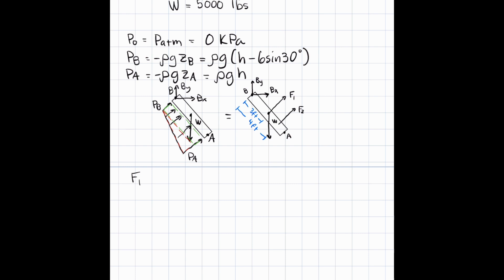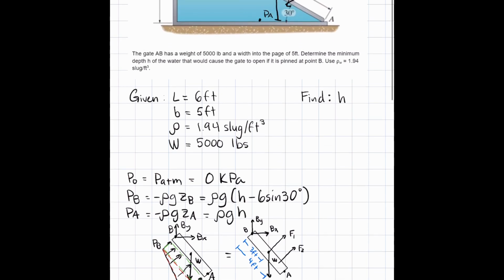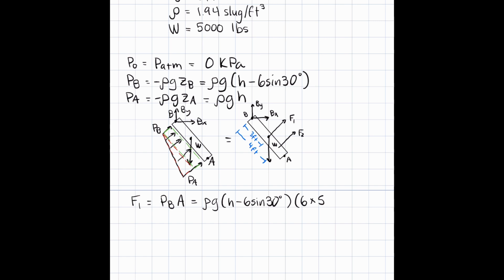So if the pressure across this entire distributed load is held constant at PB, which you can see because this is just the rectangular section, that means the force is just equal to PB times the area of the gate, which will end up being, as we already solved for PB, rho times g times (H minus 6 sine 30) times the area, which is 6 feet long, and then 5 feet into the page as stated in the problem statement.